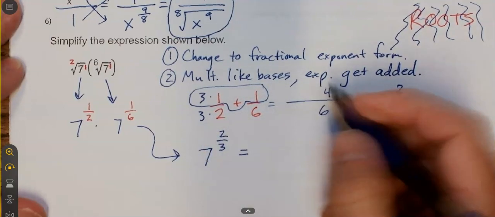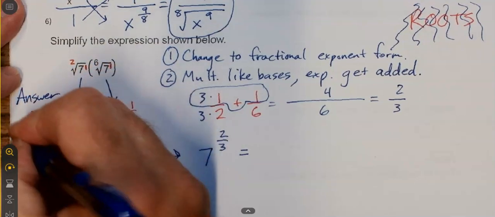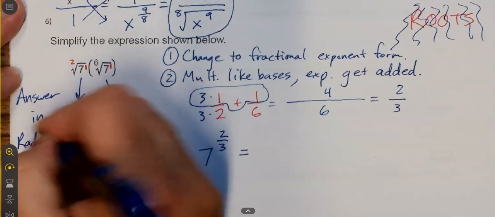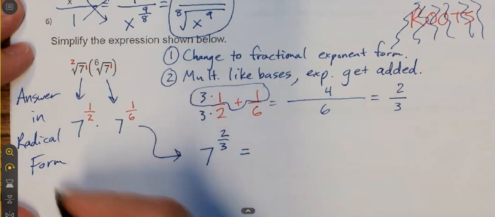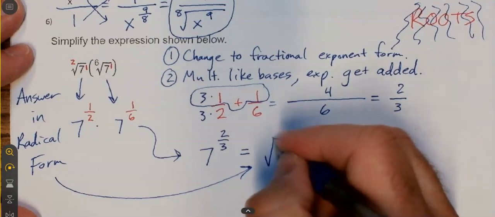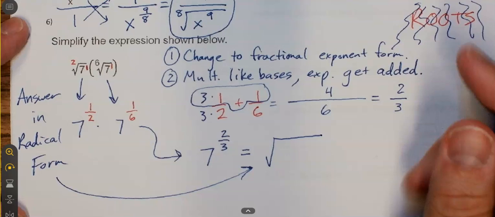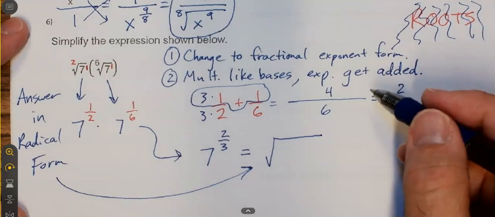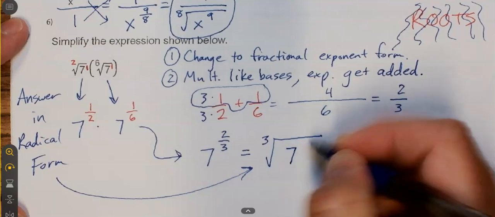Now, I want your answer in radical form. So, what root are we talking about? The 3rd root of 7 to what power?